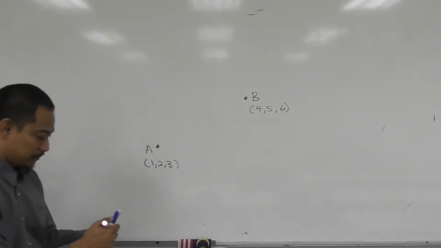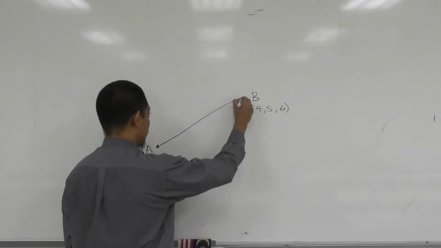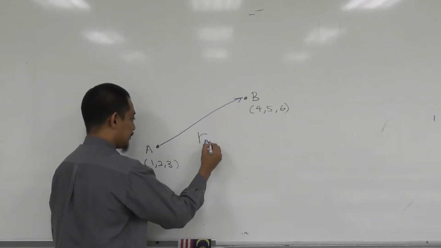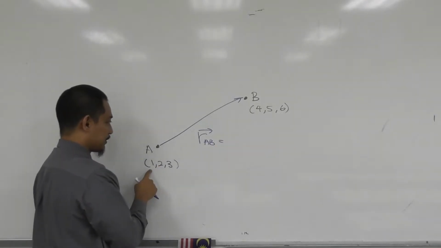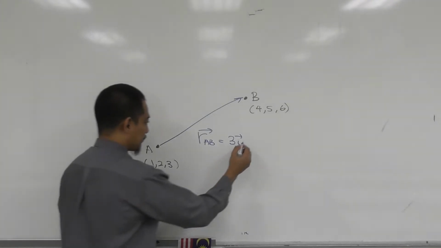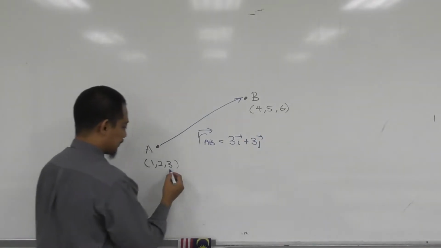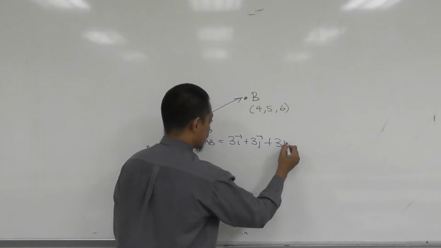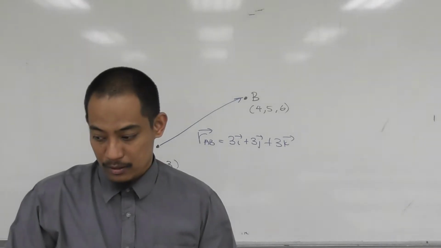Then RAB is 4 minus 1, which becomes 3I, plus 5 minus 2, which is 3J, plus 6 minus 3, which is 3K.